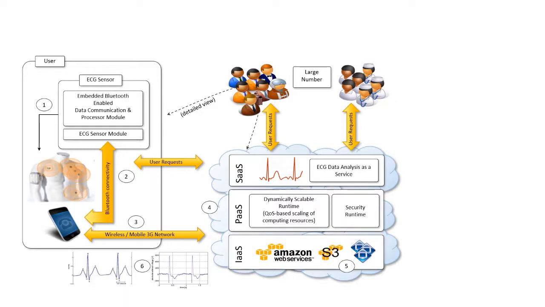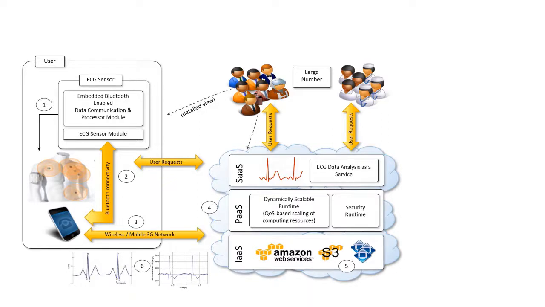The web service forms the front end of the platform that is entirely hosted in the cloud and that leverages the three layers of the cloud computing stack: SaaS, PaaS, and IaaS. The web service constitutes the SaaS application that will store ECG data in the Amazon S3 service and issue a processing request to the scalable cloud platform.